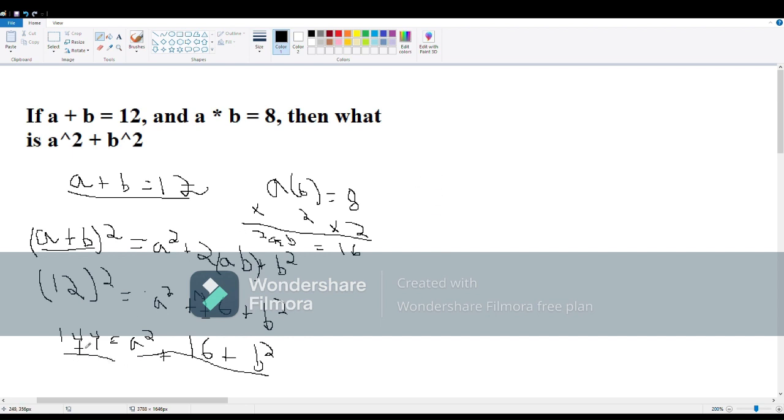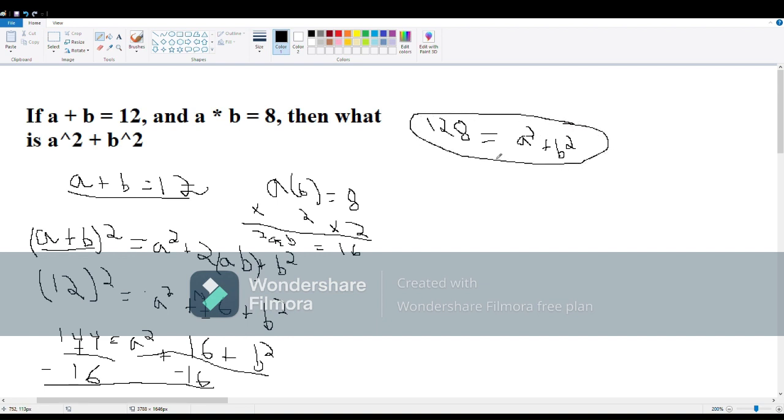So in order to do that, we must subtract 16 from both sides, so that we are just given 128 is equal to a squared plus b squared, and that's it.